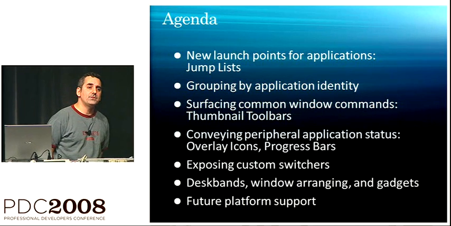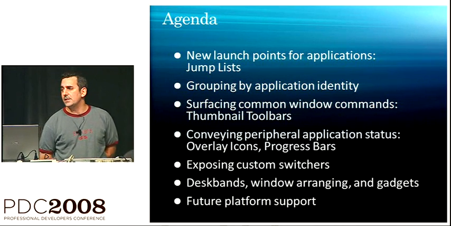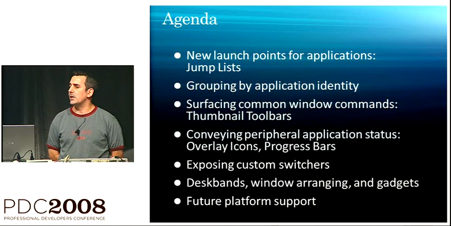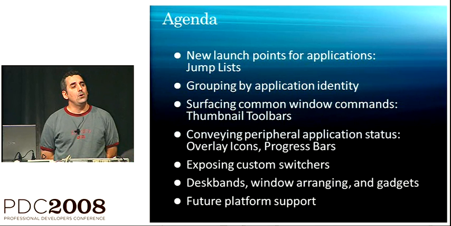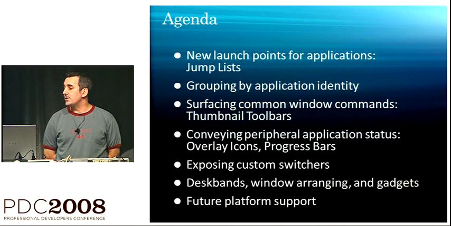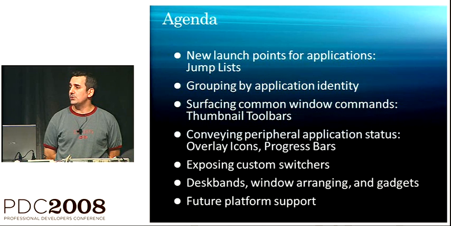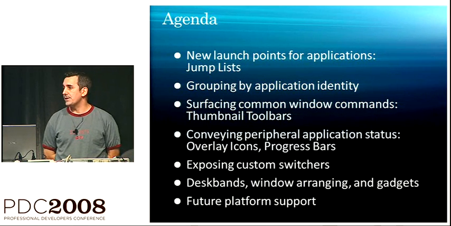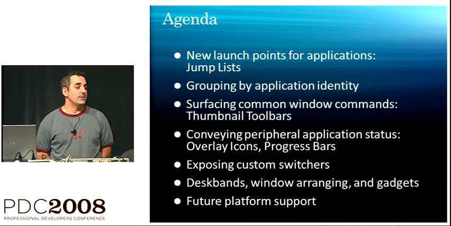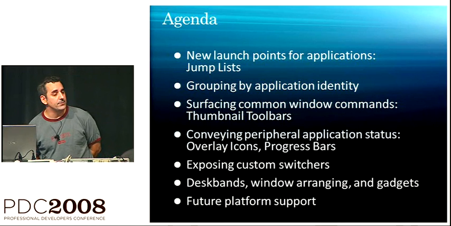If your application happens to be either a tabbed document interface or a multiple document interface application, we now allow the documents of your app to be exposed as actual switchers on the taskbar. And so I'll be discussing how you can go about doing that.